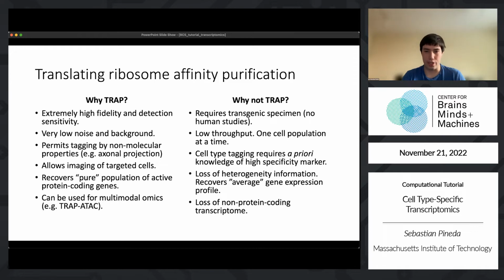And because you're not recovering individual cells but the transcriptomes of all the cells that express this gene, you're getting the average gene expression profile. So if there is heterogeneity within your cell population, you're going to lose that information. And of course, you don't get anything from the non-coding transcriptome.